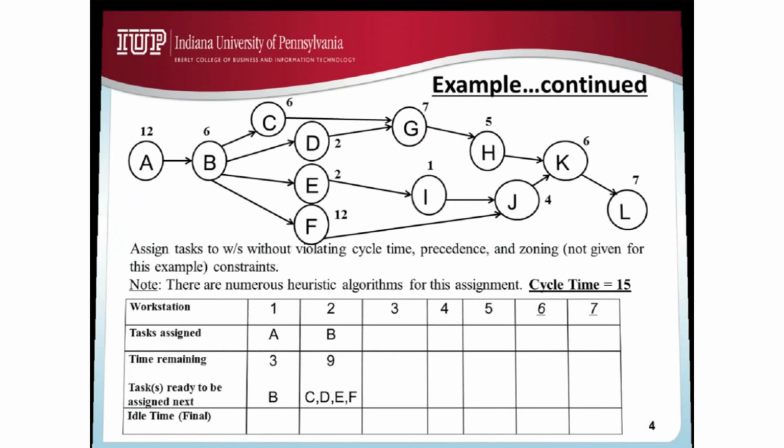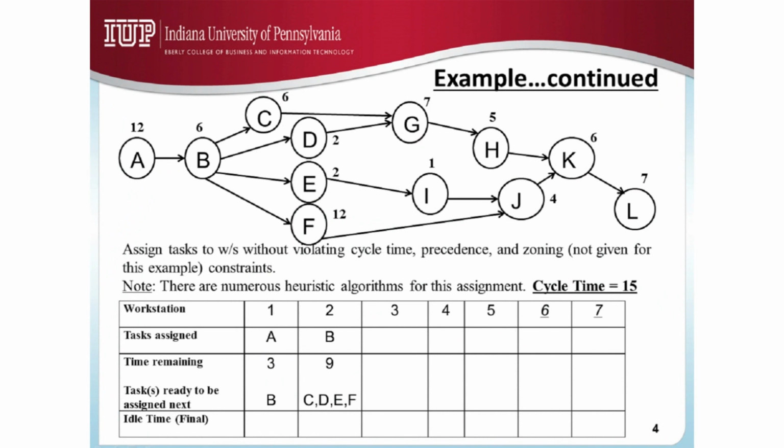Now look at this. The next task that was assigned was B to workstation 2. Because it takes 6 minutes, you cannot put that in workstation 1 because only 3 minutes were remaining. So you went to workstation 2 with task B. Now how much time is remaining? 9 more minutes in workstation 2, because B takes 6 minutes, and out of the 15 minutes allocated to workstation 2, 9 minutes are remaining.